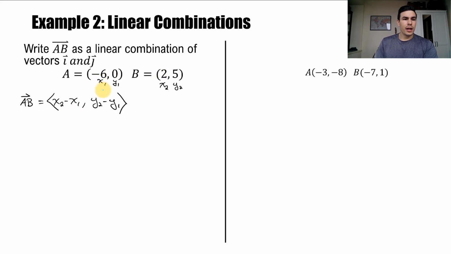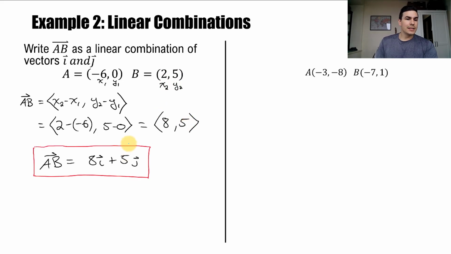So let's see, I've got x1, y1, x2, y2, because A is going to be my starting point, my initial point, and B will be my terminal point. All right. So then we can go ahead and plug those values in, and we get component form of 8, 5, which we can represent as 8 unit vectors i plus 5 unit vectors j. All right. So go ahead and pause the video and see if you can do that again here on the right-hand side for AB.